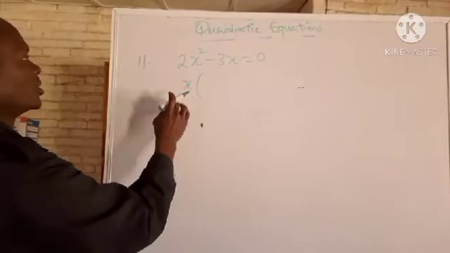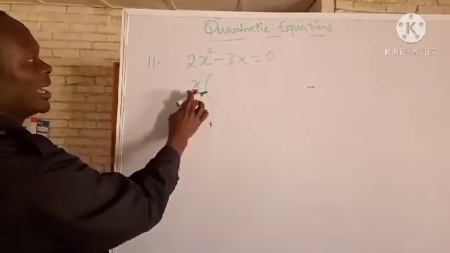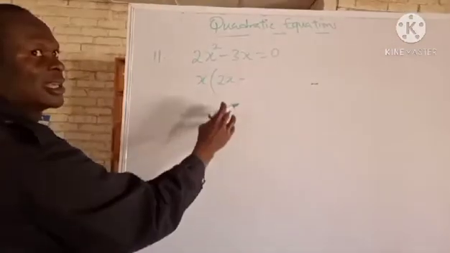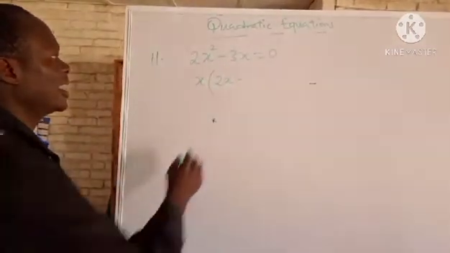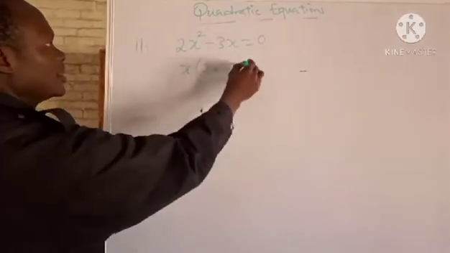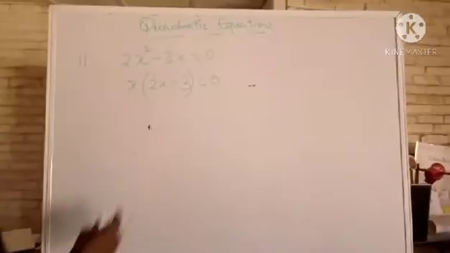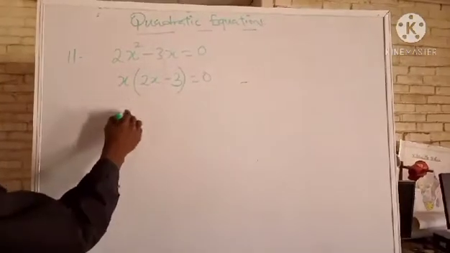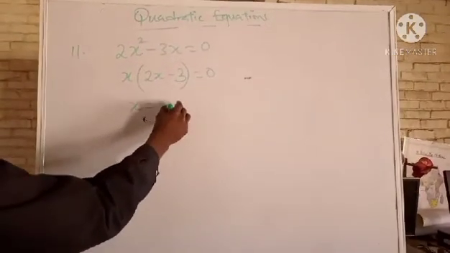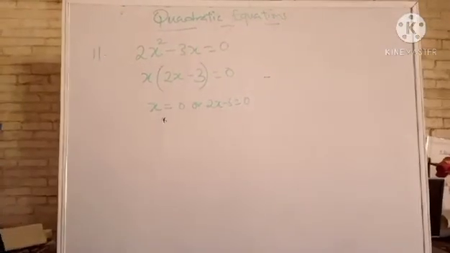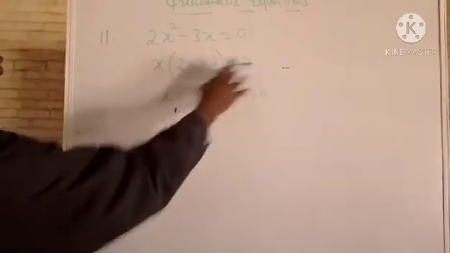So 2x squared divided by x gives 2x, minus 3x divided by x gives 3. So if the product of these two gives 0, it implies that x is either 0 or 2x minus 3 equal to 0. After factorizing, equate each to 0.